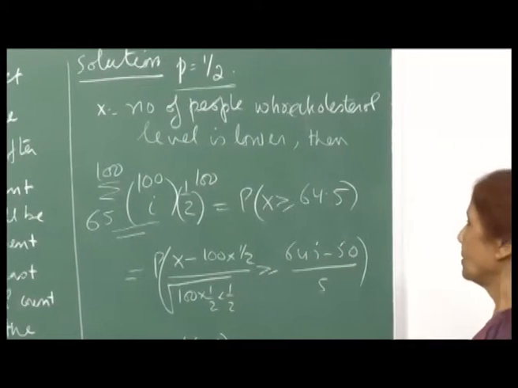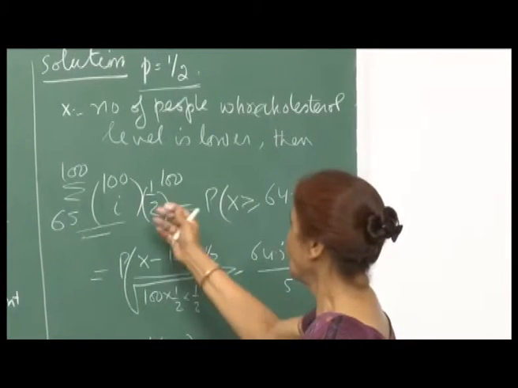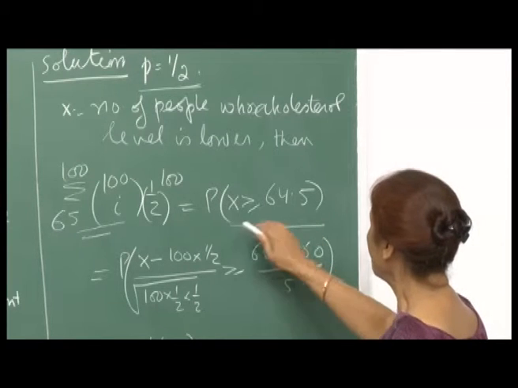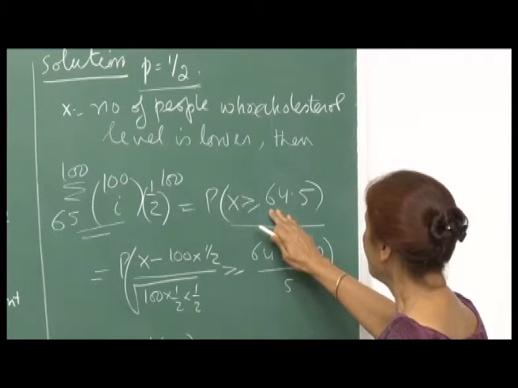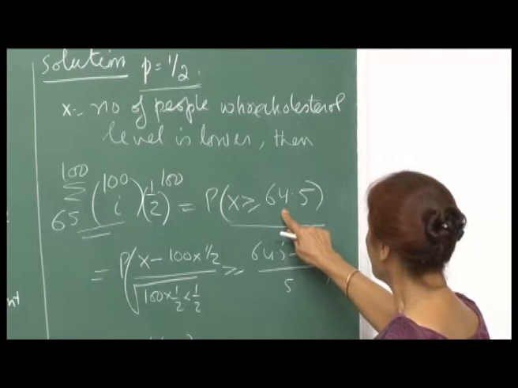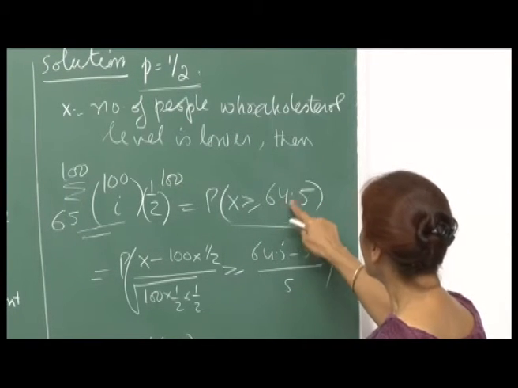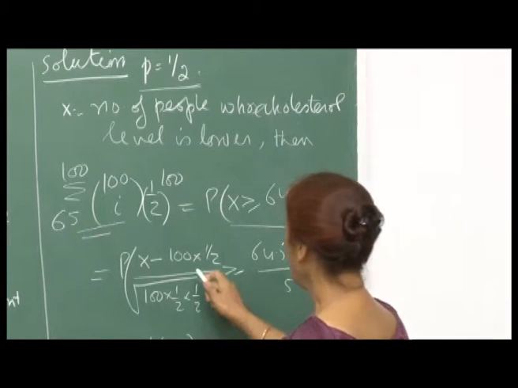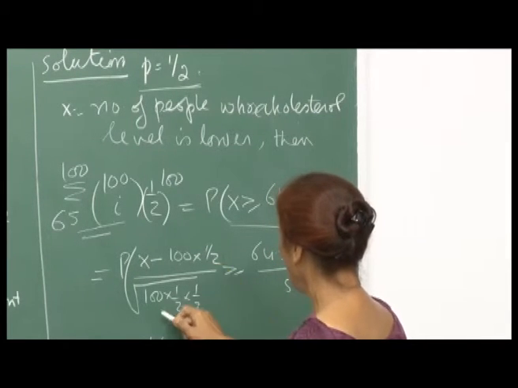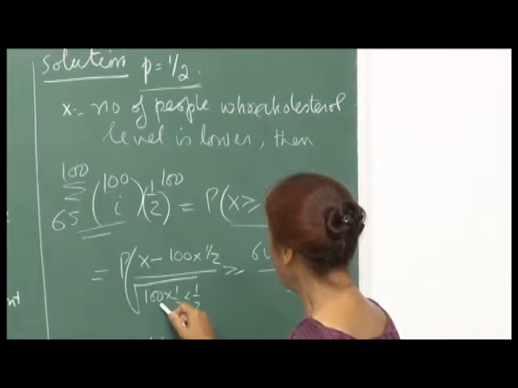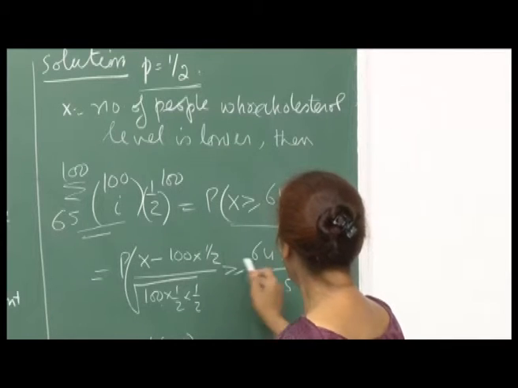So, this is the thing, and of course, you can see that this will be a stupendous task, trying to compute it this way. So, we will say that essentially we are looking for the probability x greater than or equal to 65, and again add the continuity correction factor. So, it will be 64.5 minus np, which is 100 into half, which is 50, divided by the square root of npq, which is 100 into half into half, that is 25, so root 25 which is 5.